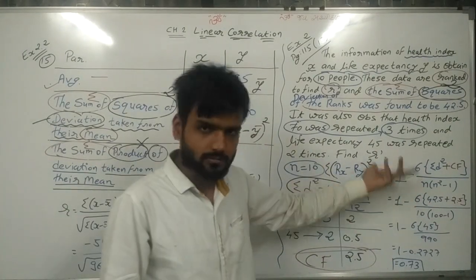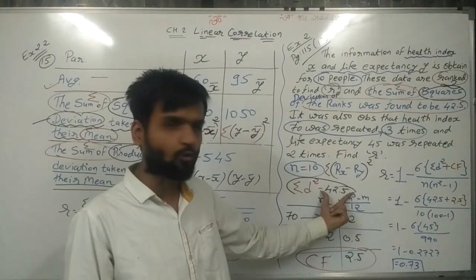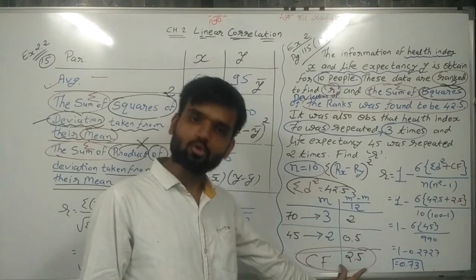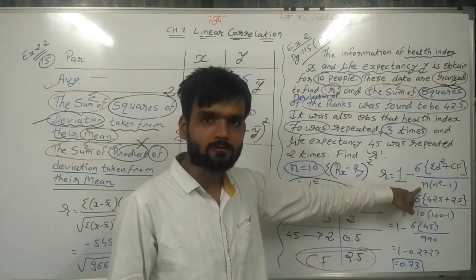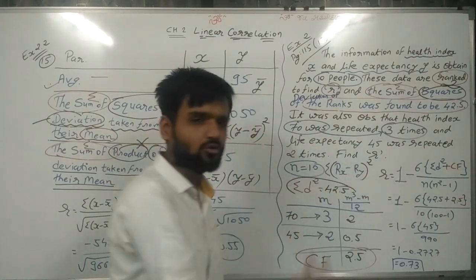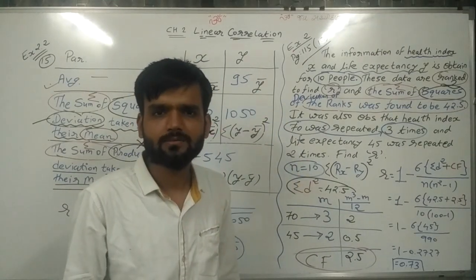In the formula, 1 as it is minus 6 into sigma d square plus CF, divided by n into n square minus 1. Sigma d square is 42.5, plus CF, which is 2.5, n value is 10. To find these values we have to understand the question only.